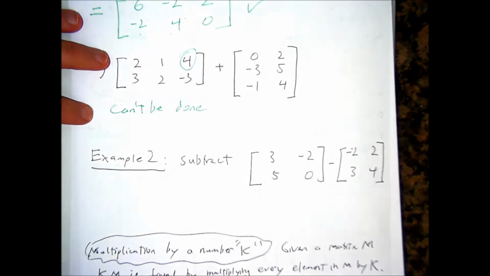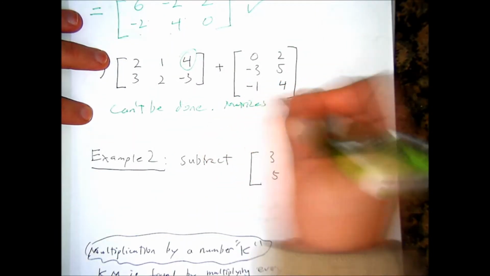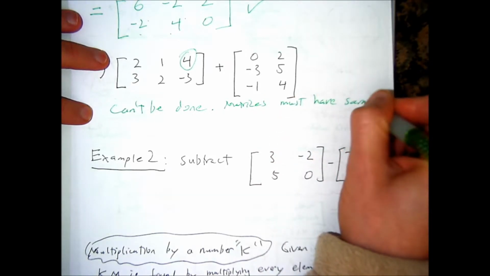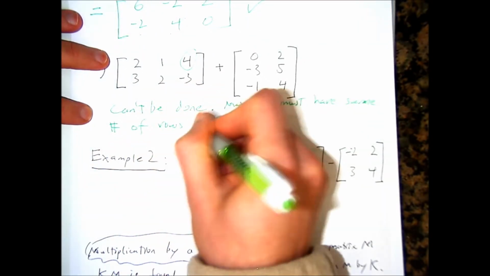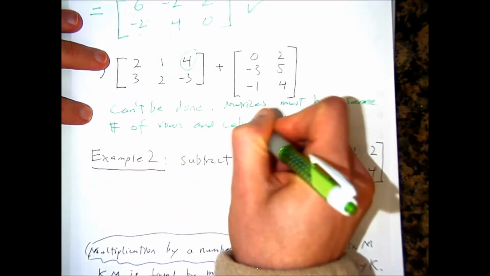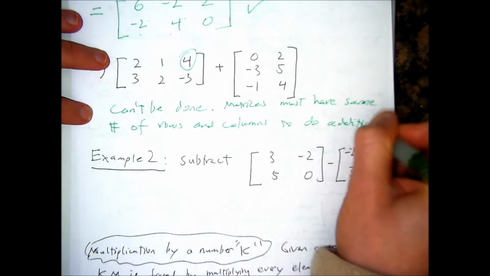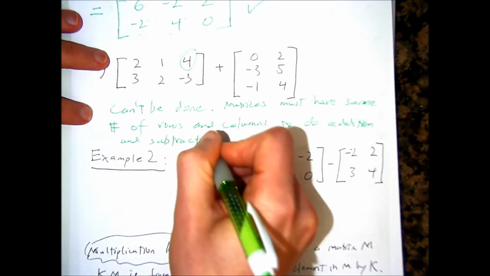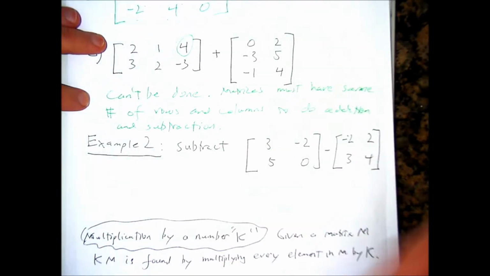Matrices must have the same number of rows and columns to do addition and subtraction. So this is an operation that's not defined, so we just say it can't be done.